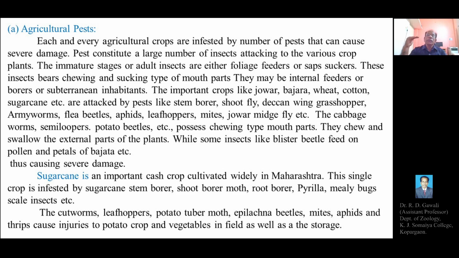So there are different categories of the insect pests on the basis of mode of their feeding. These may be foliage feeders, stem borers, sap suckers, or blood suckers sucking the blood, like mosquitoes and different types of flies and even ticks which suck the blood from different animals.